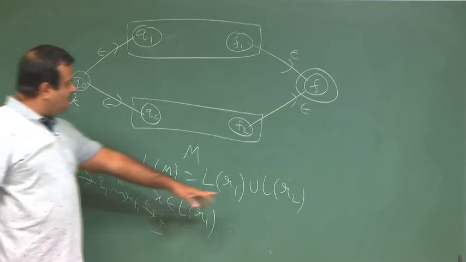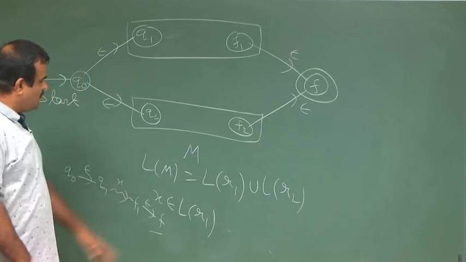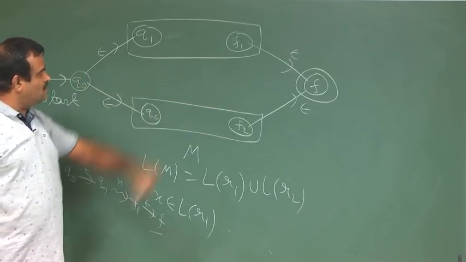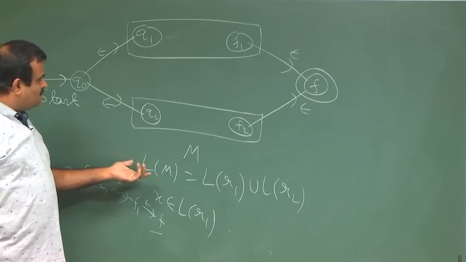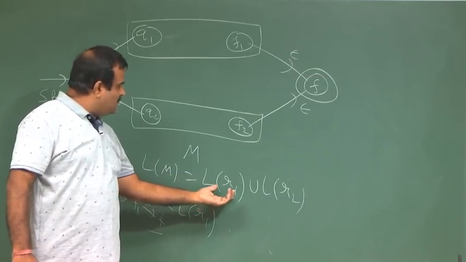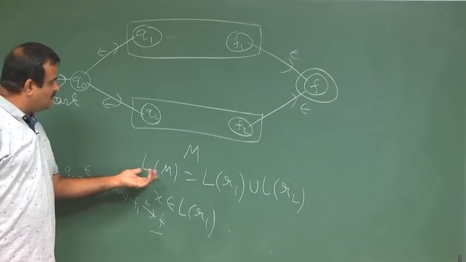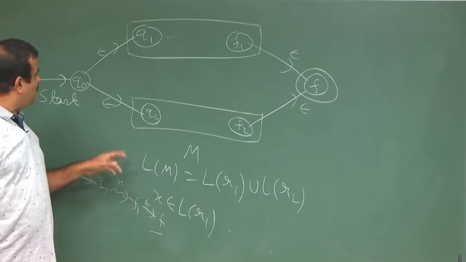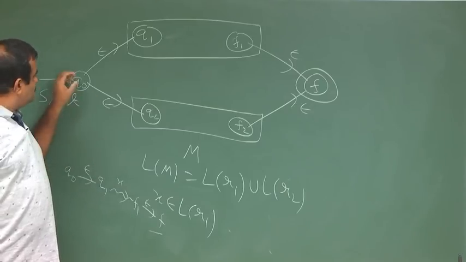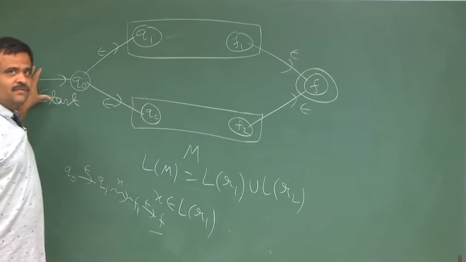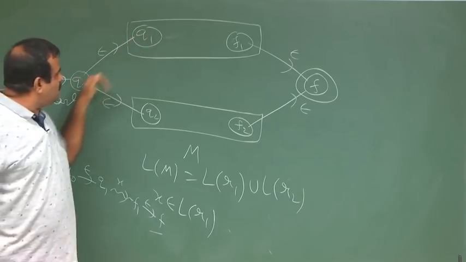Similarly, if you take a y from L of R2, we take this path and go there. So, any element here is in L of M, and similarly conversely, this is equality. If there is a string accepted by this new NFA, then it has to go either through this path or this path.